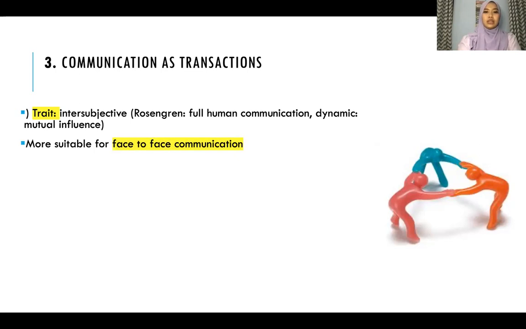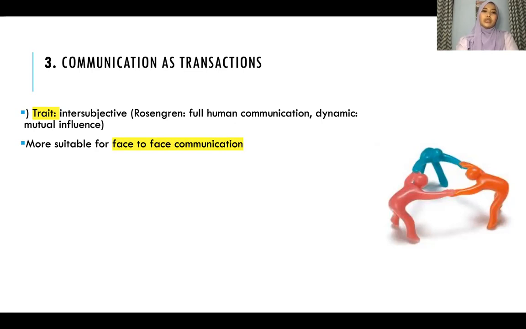And it is more suitable for face-to-face communication, since as I said to you, we give meaning not only through voice or verbal communication, but also through non-verbal communication.